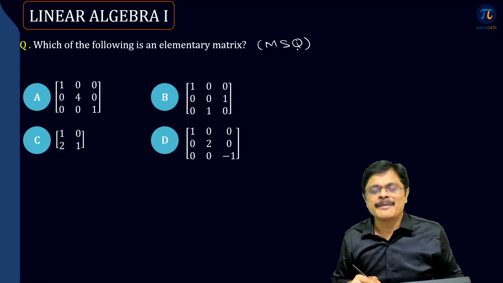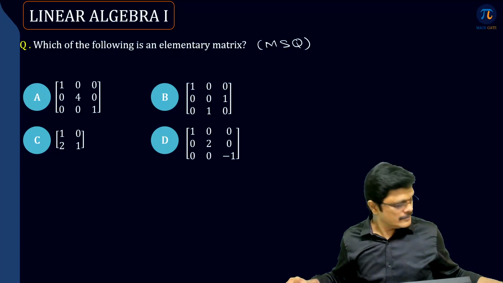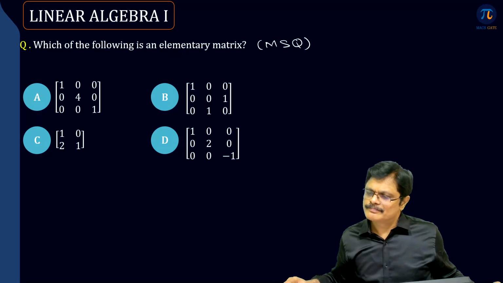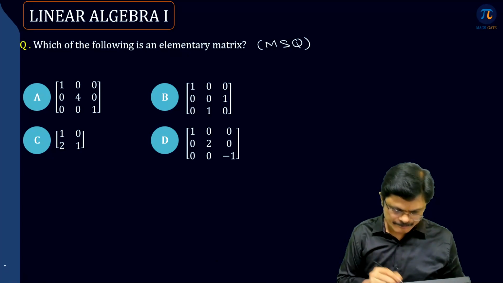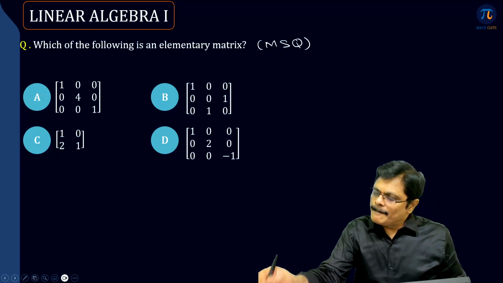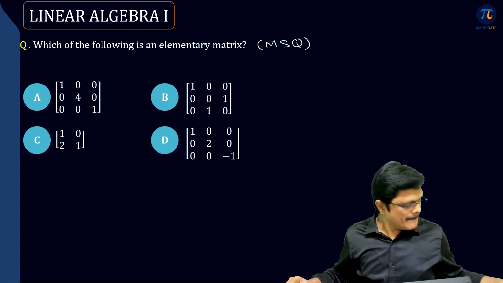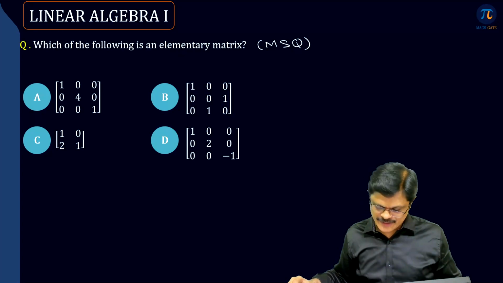Which of the following is an elementary matrix? A, B are the elementary matrices. Very good.